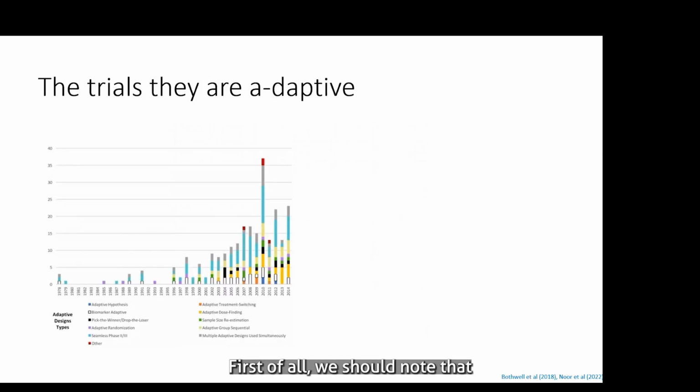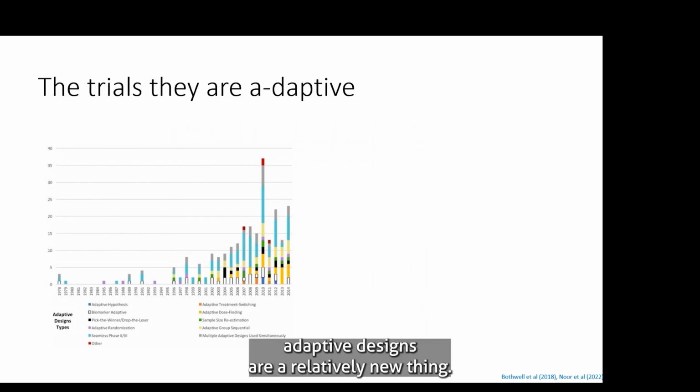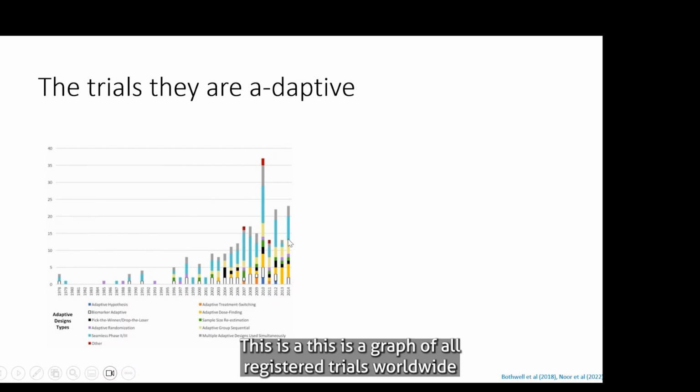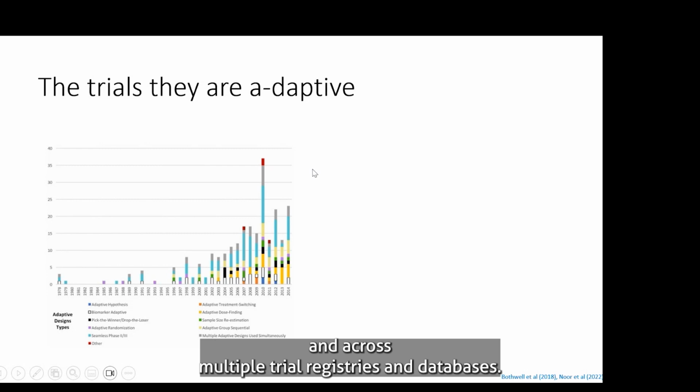First of all, we should note that adaptive designs are a relatively new thing. If you look at this graph, I appreciate it's a bit small, you can see that it started in 1978, so there were hardly any adaptive designs. This is a graph of all registered trials worldwide and across multiple trial registries and databases.